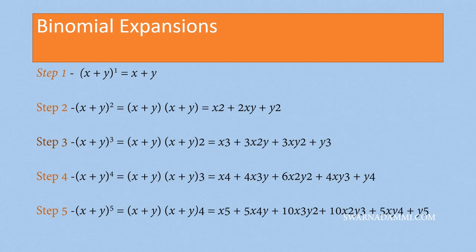Already we have expanded (x plus y) squared. Then in step 3, after getting the expansion, as a result you have obtained x cubed plus 3x squared y plus 3xy squared plus y cubed.